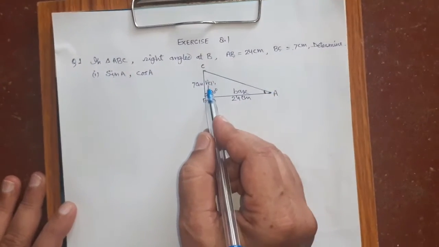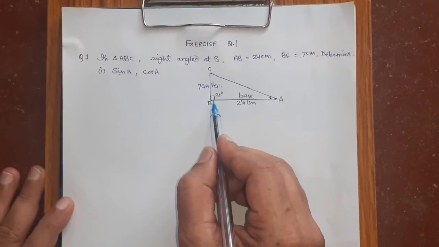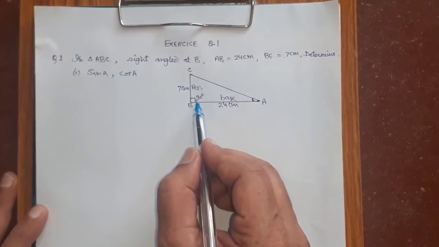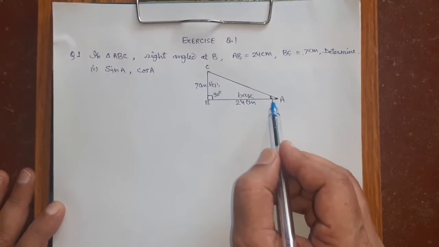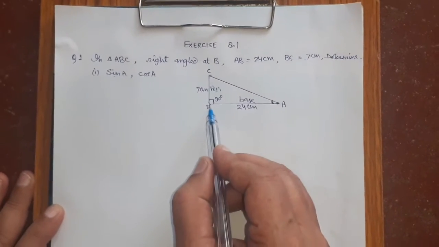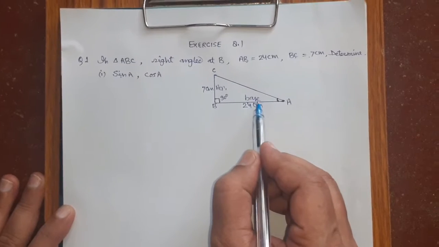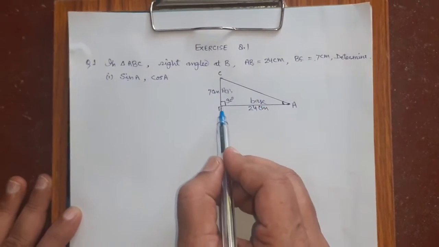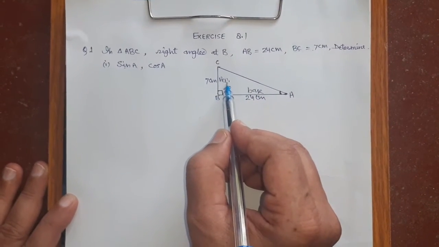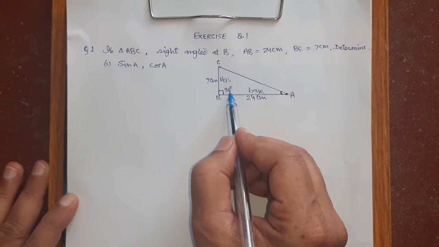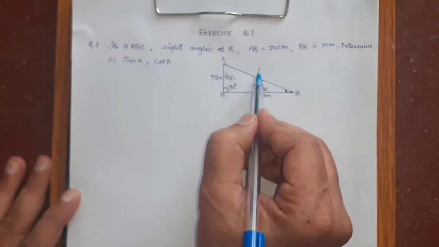Notice this point. The angle 90 degree included with acute angle A, we will say AB is base. Then BC is perpendicular and side opposite to 90 degree is hypotenuse.